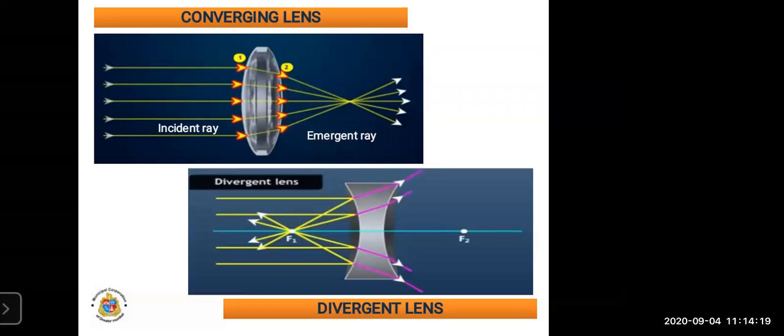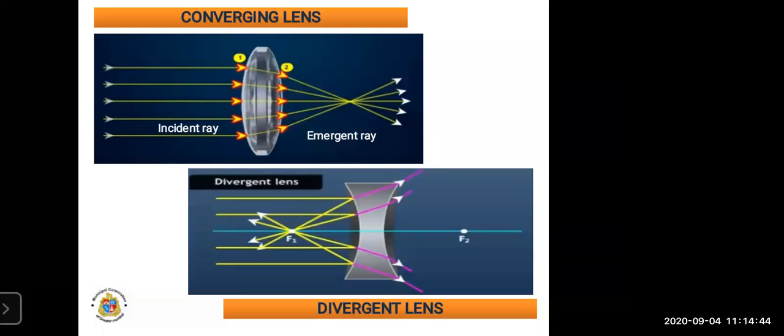The light rays get diverged, and they extend backward and come together at one point. Compare both diagrams, students. In the first diagram, they are refracted and on the opposite side they converge at one point.